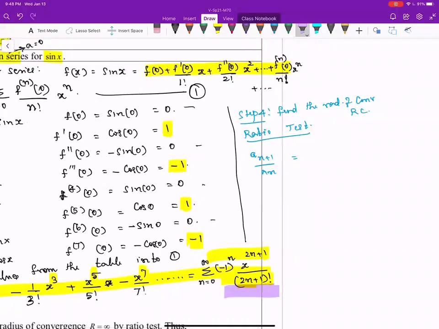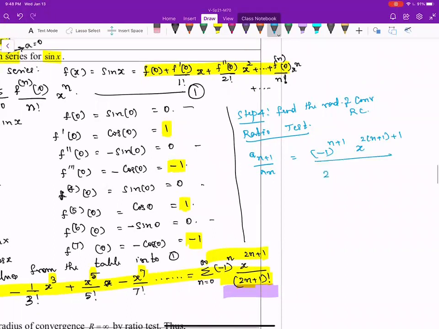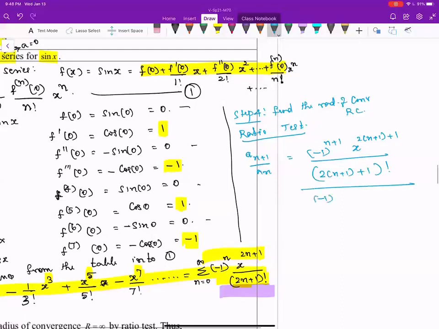So we can write the n plus first term: negative 1 to the power n plus 1, x to the power 2 times n plus 1 plus 1, divided by 2 times n plus 1 plus 1 factorial, divided by negative 1 to the power n, x to the power 2n plus 1, divided by 2n plus 1 factorial.